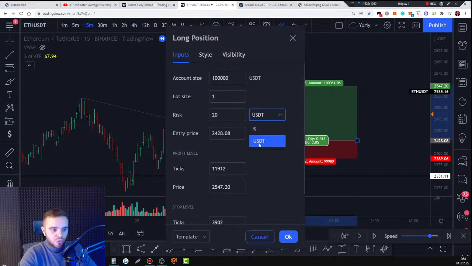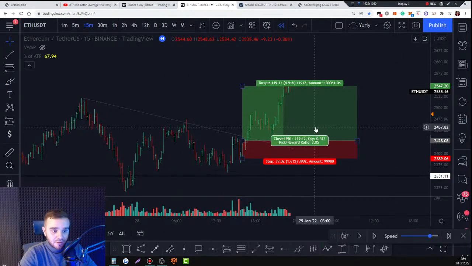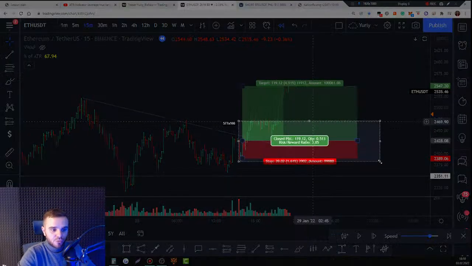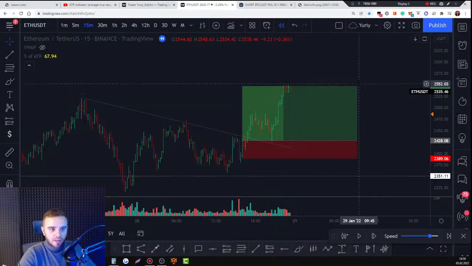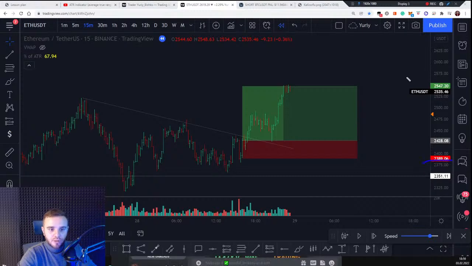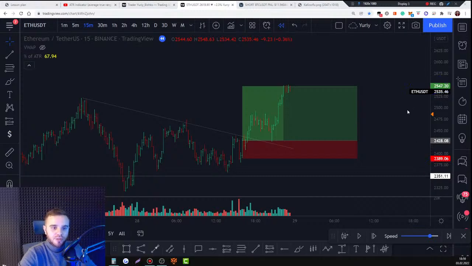I recommend you use USDT, never use percent. You need to know exactly the amount of money that you will lose if price goes against you. It will show you the amount of coins that you should take. The red price shows where you set your stop loss. The green price shows where you set your take profit.